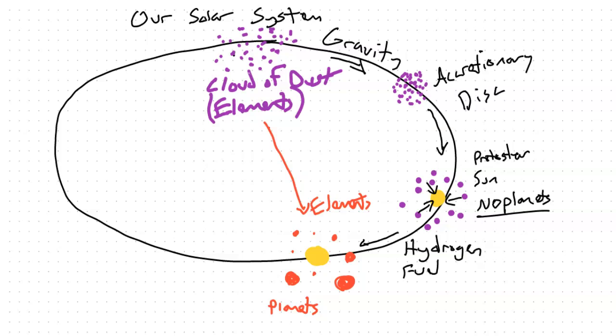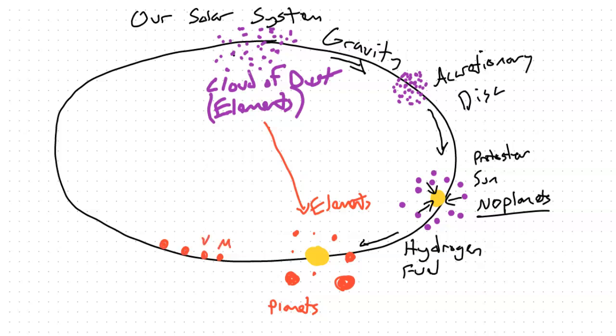And as these form, you get, 1, 2. So we have Mercury, Venus, Earth, Mars.